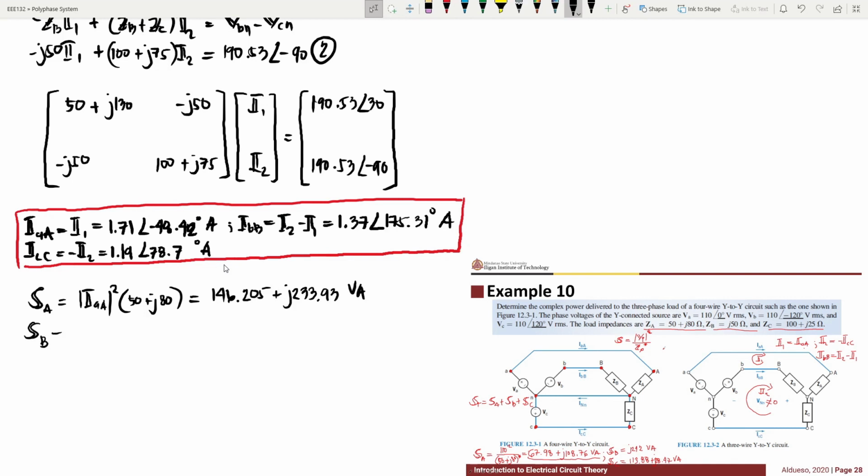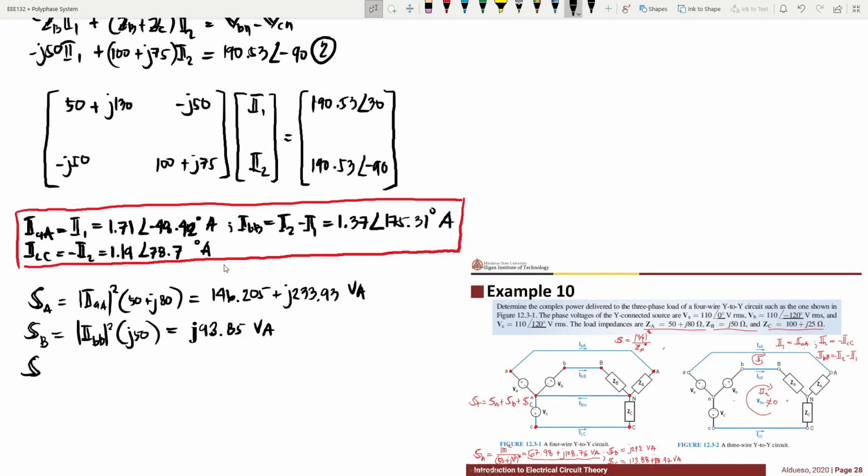And for phase B, we have the magnitude of IBB squared times j50, which gives 93.85 VA.